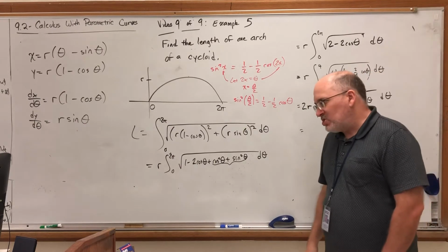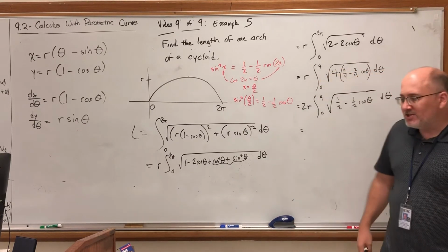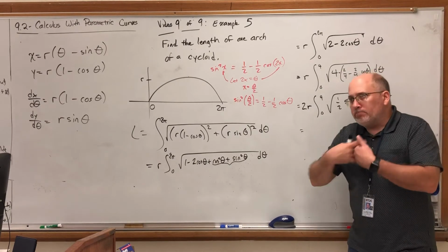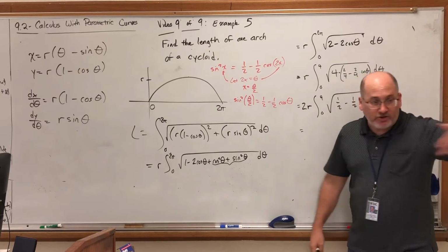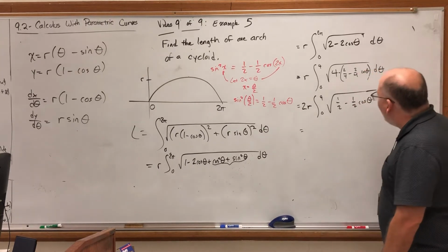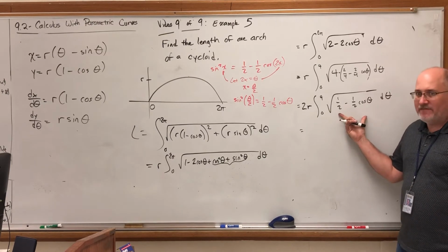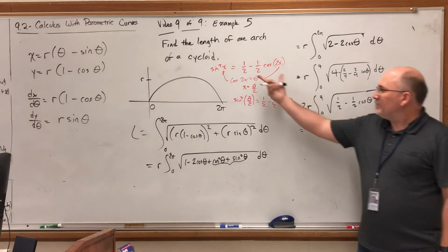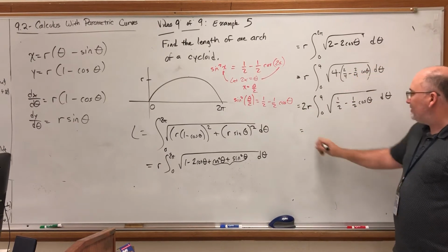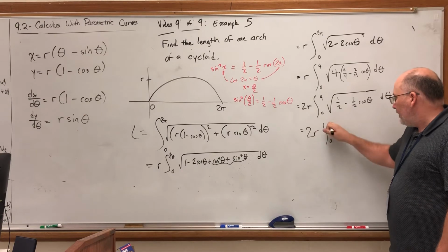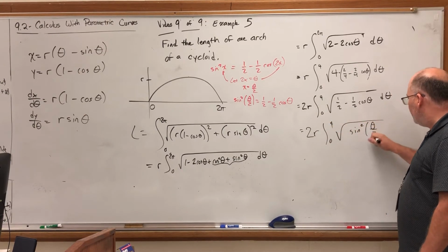I don't want to say it's a stretch, it sort of is, but the further along you go in calculus classes, the more you have to be broad-minded about grabbing things from other courses, trigonometry, algebra, geometry, wherever, and not be afraid to say, well, I've seen something that looks like this before, let me see if I can take advantage of it. And because I've seen something like that before, I can replace the radicand under the square root with sine squared of theta over 2.